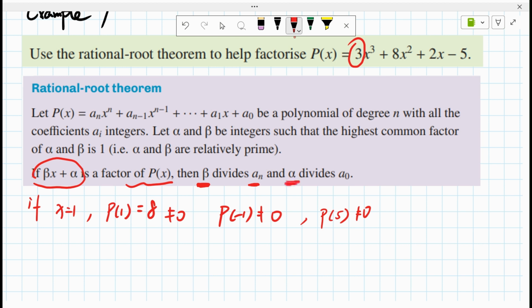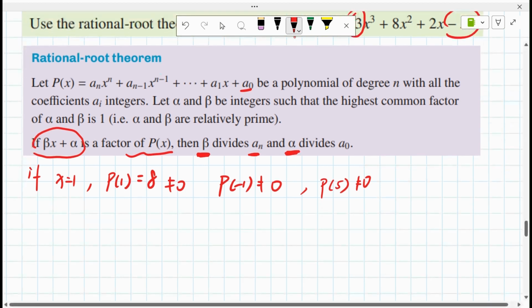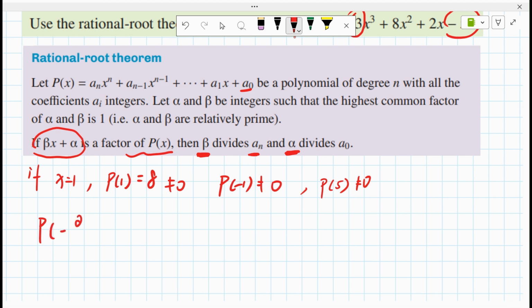And alpha is a_0, the last integer, which is negative 5. Remember the remainder theorem, we do P(alpha over beta), right? Perfect.